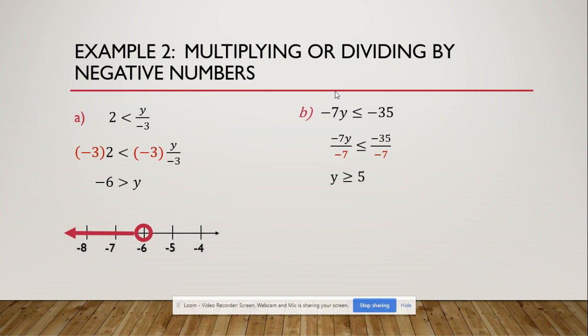But because we divided by a negative number, we had to flip the inequality. So now y is greater than or equal to 5. We put a dot on the 5, filled in this time because of the or equals to, the line underneath, and we mark all the numbers that are greater than 5.